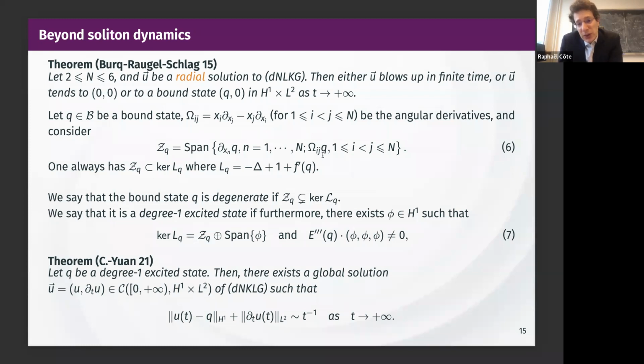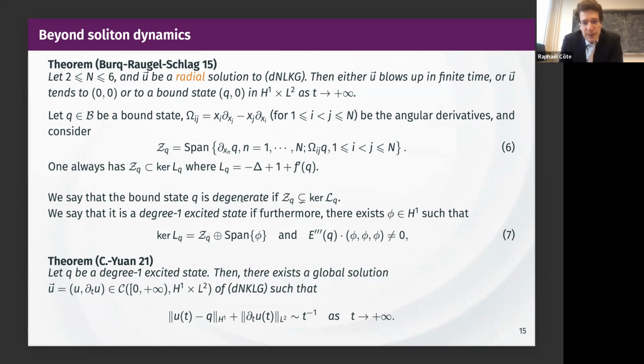So if Q is no longer radial, of course this is not in the space, so it can be much bigger, right? Q could have some symmetries around some directions, for example, so it means that these guys would be 0 for some i and j's, or some combination of i and j, but you still have to look at them. So this is really the space related to the invariance of the equations.